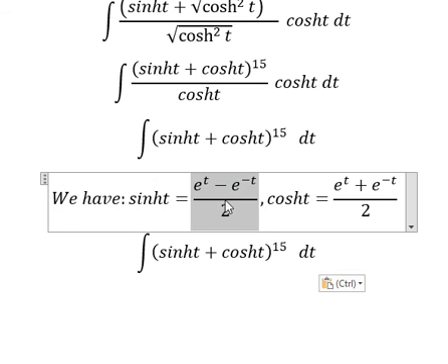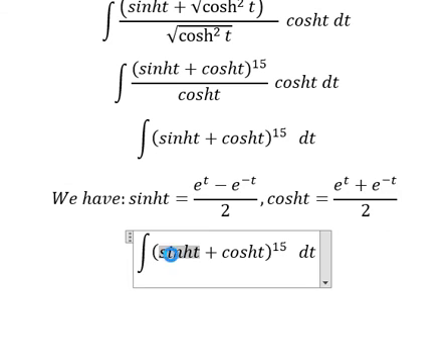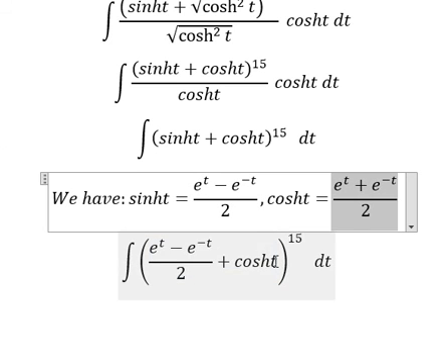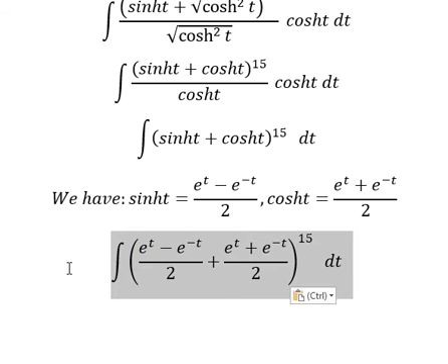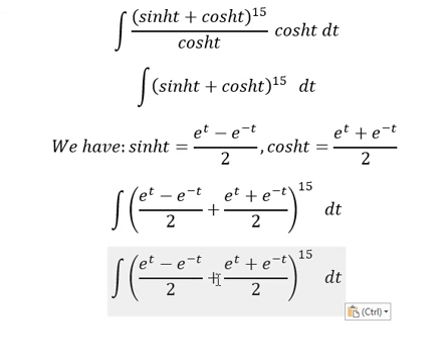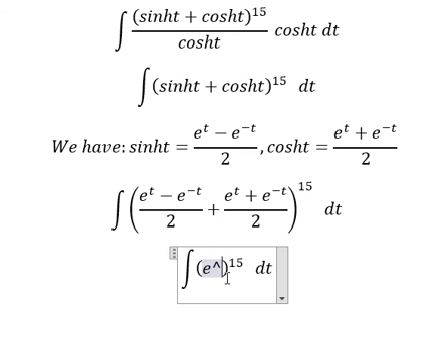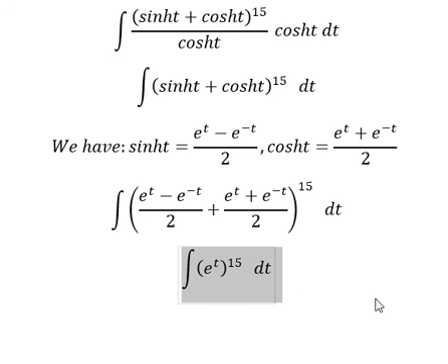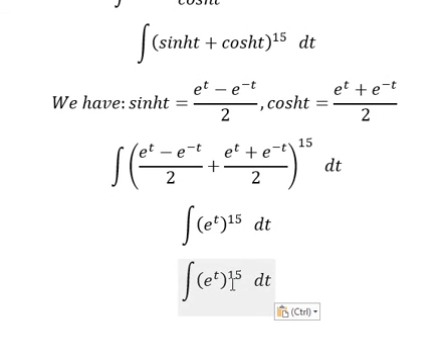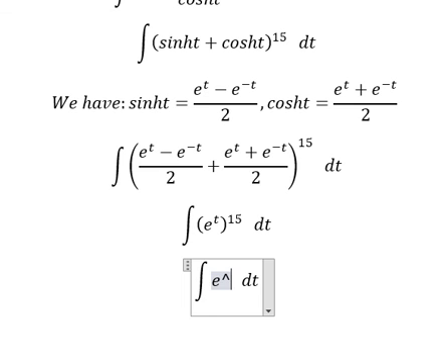So I will put this one in here and this one in here. So we need to simplify this one and this one, and now we just have only e to the power of t. So this one we have e to the power of 15t.